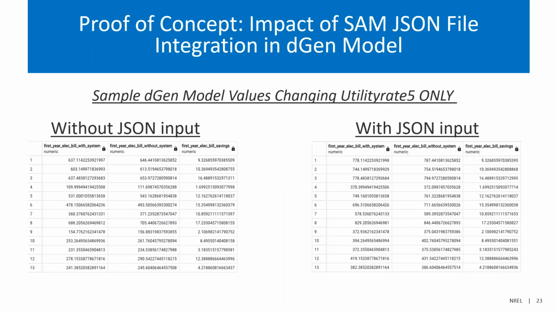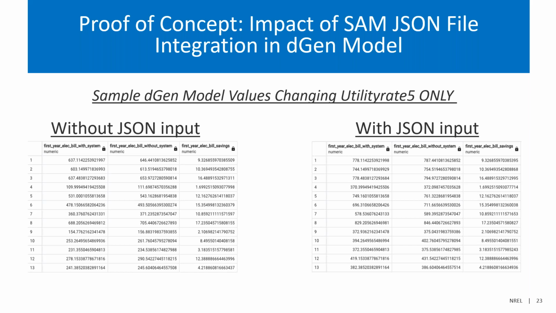So just as a proof of concept of the current impact that we've seen from integrating the JSON file with our dGen model, on the left side, you will see an example of some outputs from the dGen model. We have some bill savings amounts. On the left is without the JSON input. So this is just our standard dGen model, how it runs, and those values when they came out.